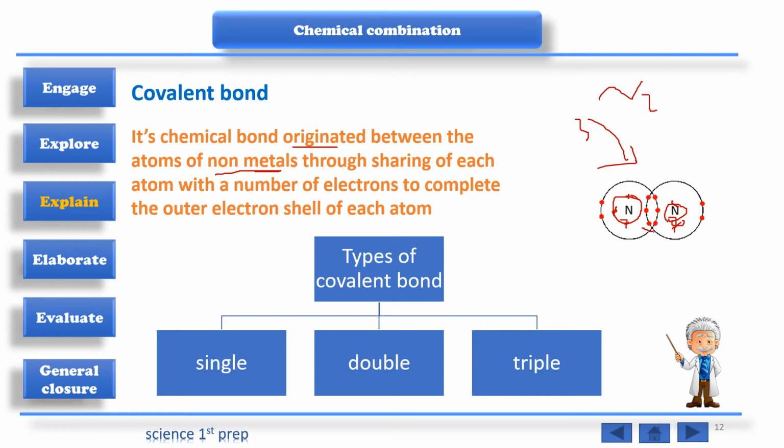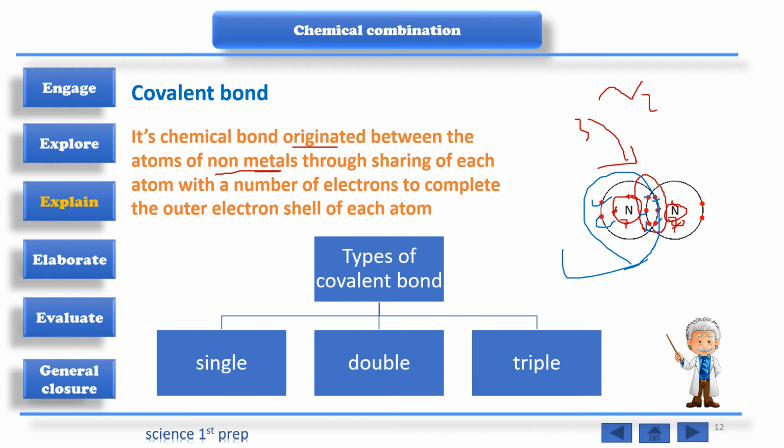What happens here? Each atom shares in the reaction with 3 electrons. Okay, so if you want to talk about the atom at the left side, here we have 2, and then 1, 2, 3, 4, 5, 6, 7, 8 electrons inside the outermost energy level of the left nitrogen atom.